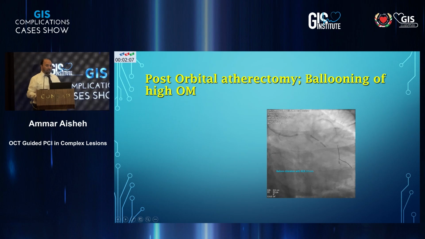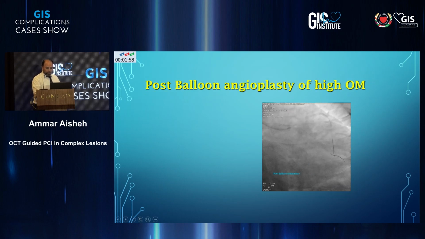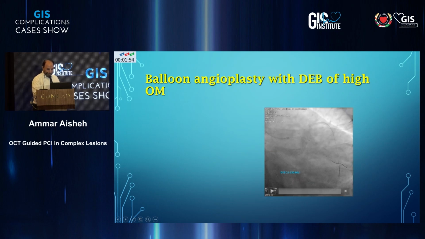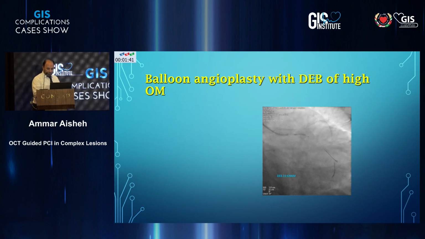We'll continue the case. Post-orbital atherectomy, we did balloon angioplasty with an NC balloon 2.0, and then finished with a drug-eluting balloon. This drug-eluting balloon was deployed distally, and then another drug-eluting balloon 2.0 by 20 was inflated proximal, high OM.